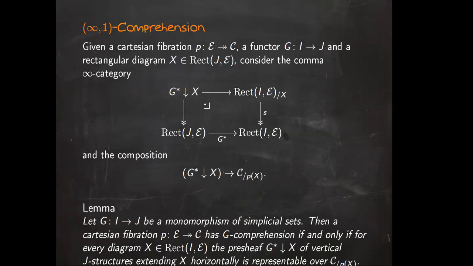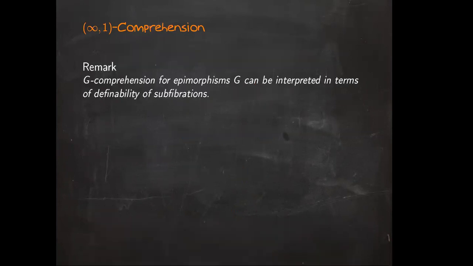Now, if G is not a monomorphism, we don't have the same lemma, but if G is an epimorphism, there's another way to interpret the notion of G comprehension, namely in terms of definability of subfibrations, which was also something Benabou considered. And every functor factors as an epi and a mono.